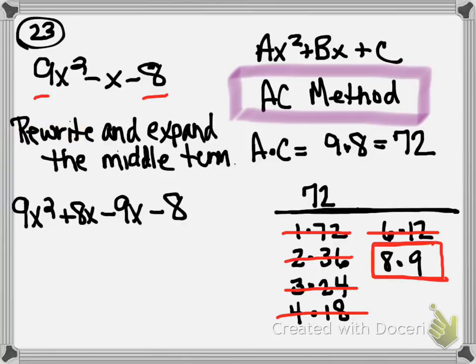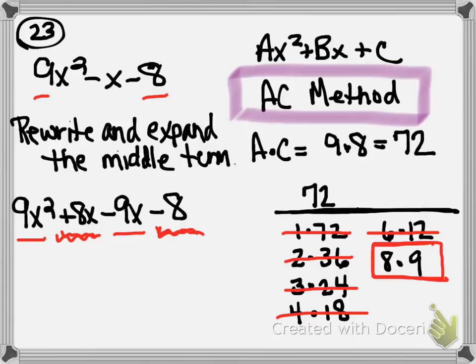Now I'm going to look for common factors by grouping. If you look at the first and the third term, they both have a common factor of 9x. And if you look at the second and the last term, they both have a common factor of 8.